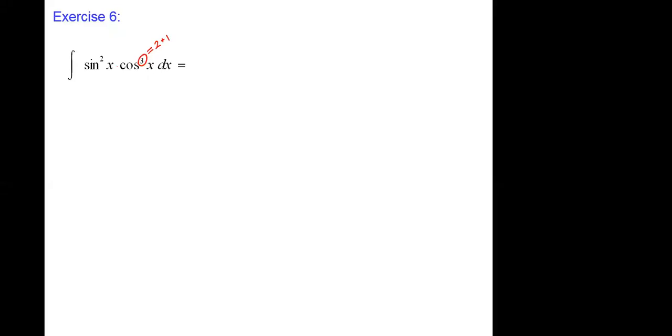Or I can say I will pull out one single cosine, cosine to the power of 1, and the remaining even. And this one I will save for my u substitution, which I am assuming that I will let u to be sine of x and du is cosine of x dx. That means I'm saving this to be du.